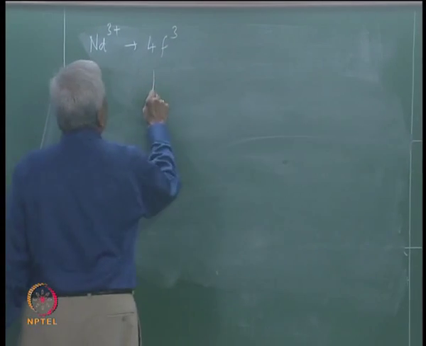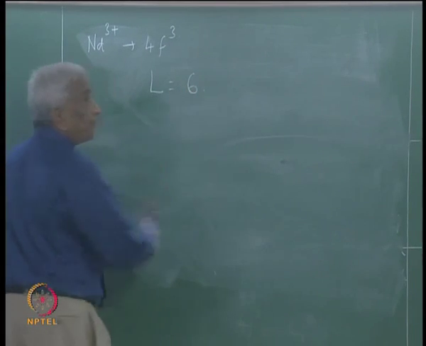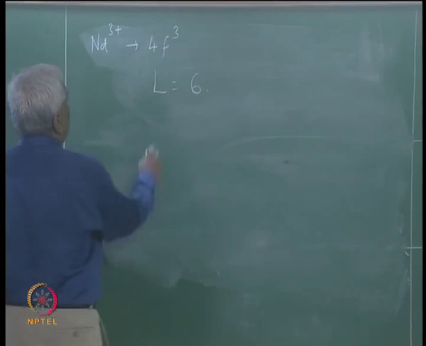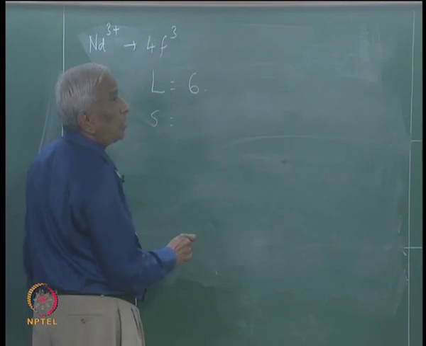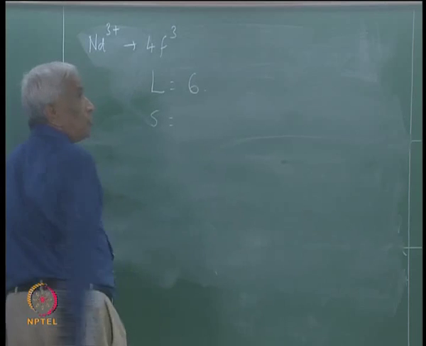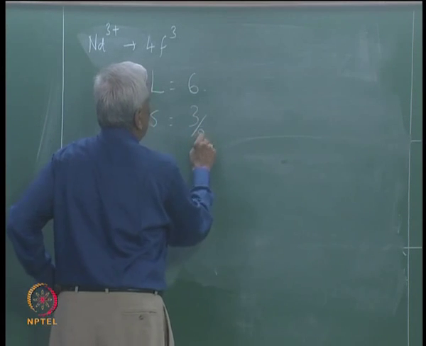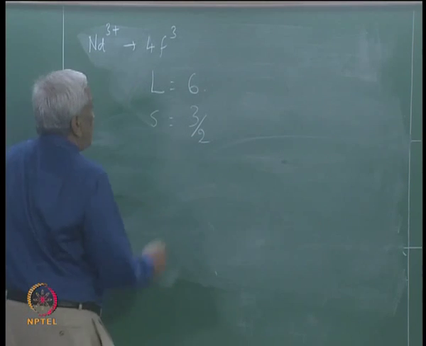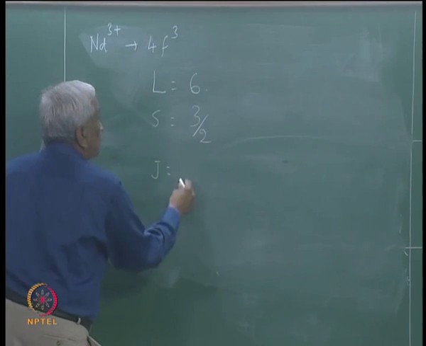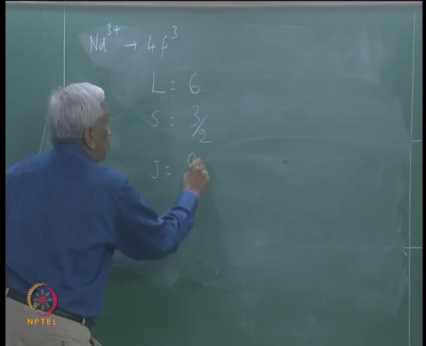So, L will be 6, and the S, since there are 3 electrons all with spin parallel in order to maximize the spin, will be 3/2, and therefore, J will be L minus S, which is 9/2.